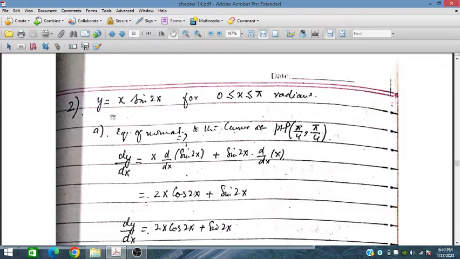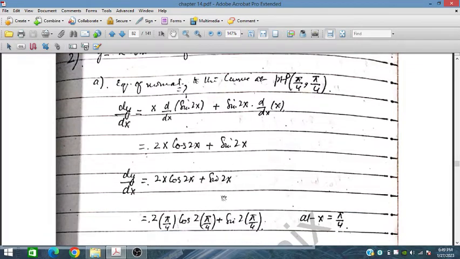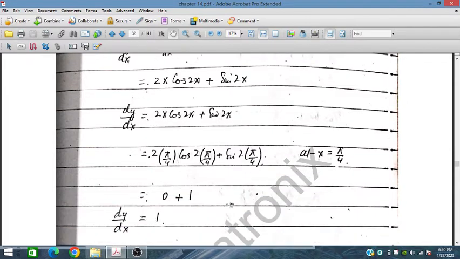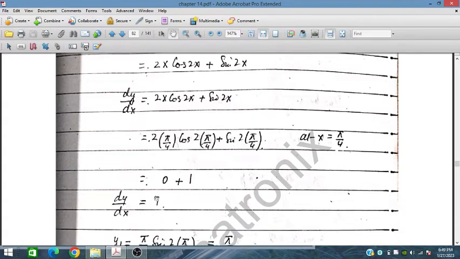So let's find dy by dx, the gradient. This is u and this is v. Applying the product rule, dy by dx is obtained as 2x cos 2x plus sine 2x. We find this dy by dx at pi by 4. Placing x equal to pi by 4, we obtain dy by dx equal to 1.